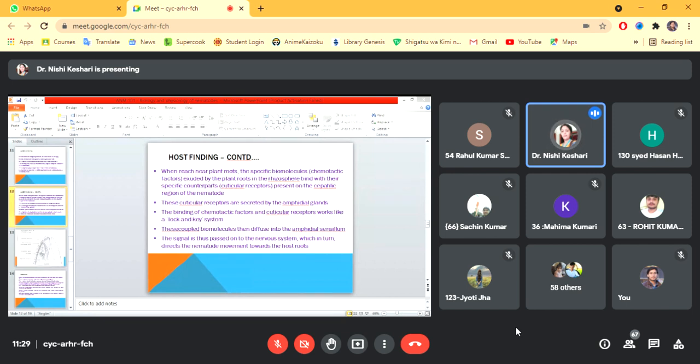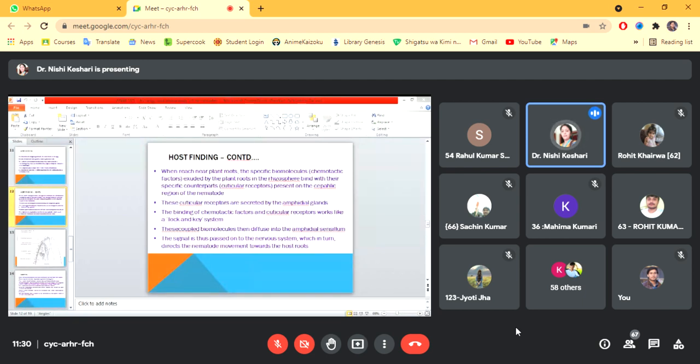Whatever the amphidial gland secretes is spread on the cuticle, and when these chemicals on the cuticle receive the chemicals exuded by the roots, they combine like a lock and key.